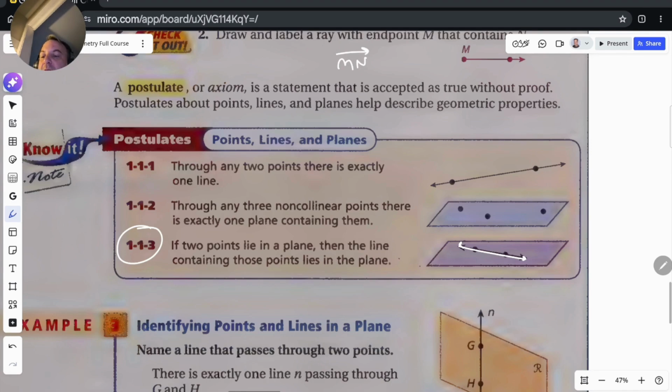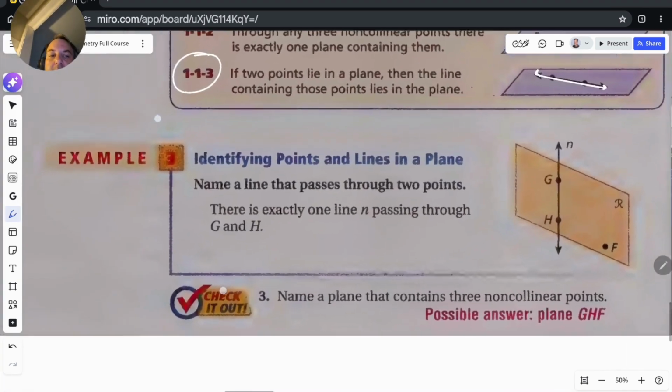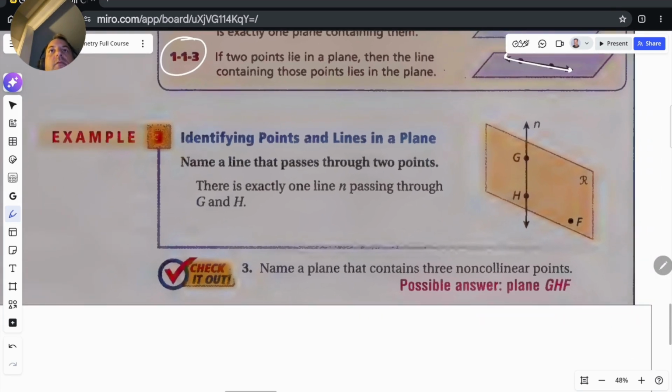All right, let's take a look here at example 3. I'll zoom in here just a bit. We're asked to name a line that passes through 2 points. So here we can see in the diagram on the right, a flat surface.